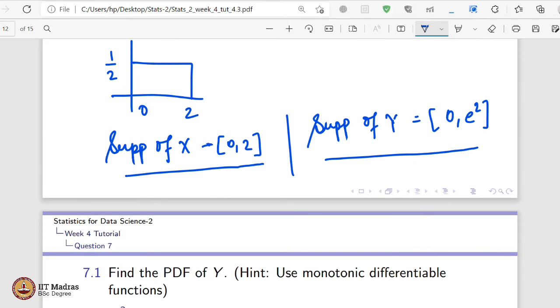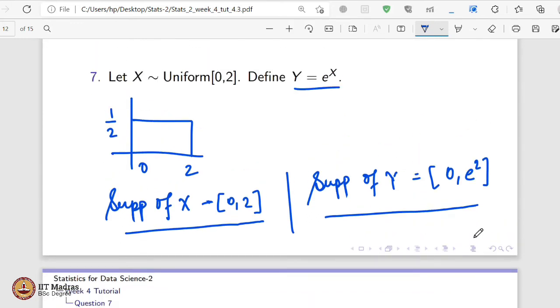Okay, so first thing we'll check whether that function y, that is e to the power x, is monotonic in the support of x or not. So e to the power x we can draw, and we can see whether this function from 0 to 2 is monotonic or not.